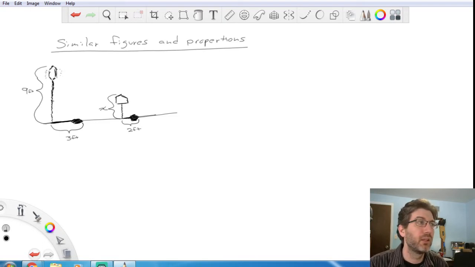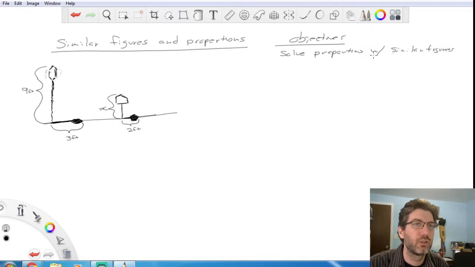So today's objectives are to solve proportions with similar figures, and that's the first thing we're going to do.